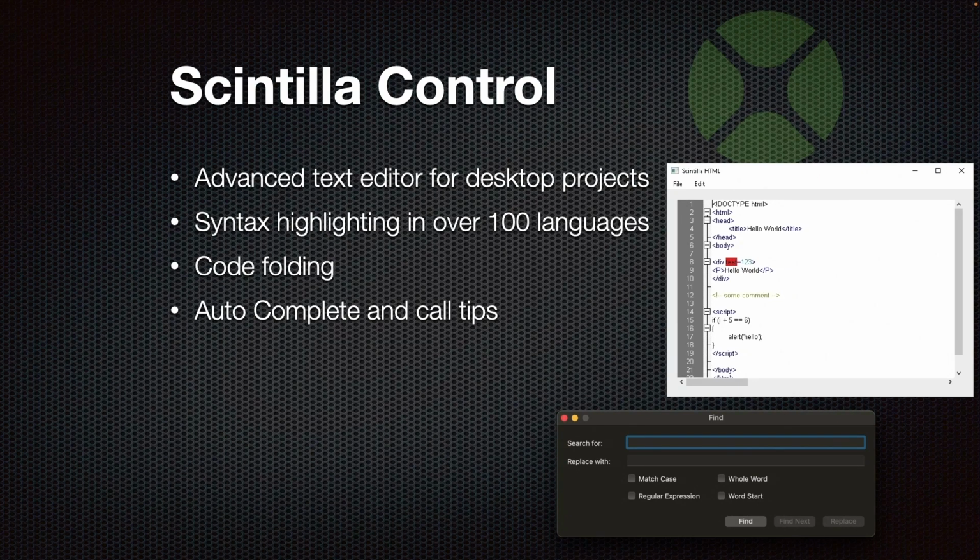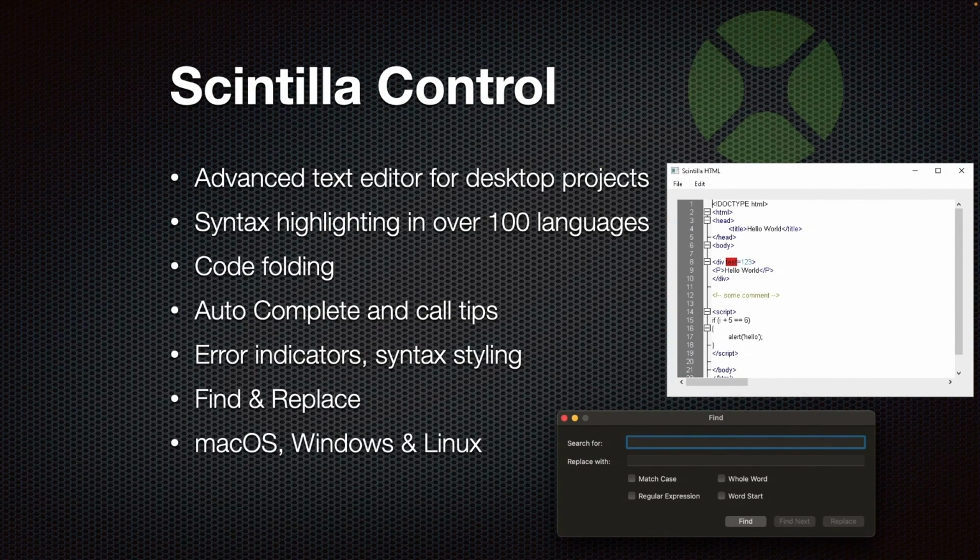And if someone is clicking on a word, you could show details in a tooltip, or like here the call tips, like you want to show the parameters of a function call maybe. In the example, we have find and replace, and you can show errors and style all the syntax as you want. So the examples show you how you can do that, but you can customize it as you need. And this control is supported on Mac, Windows, and Linux.